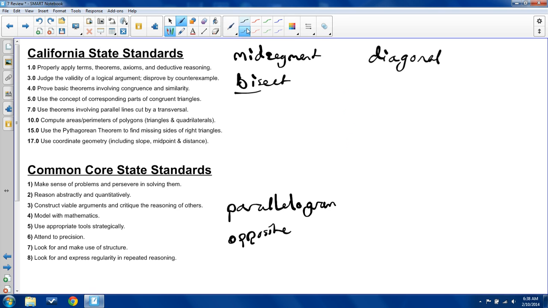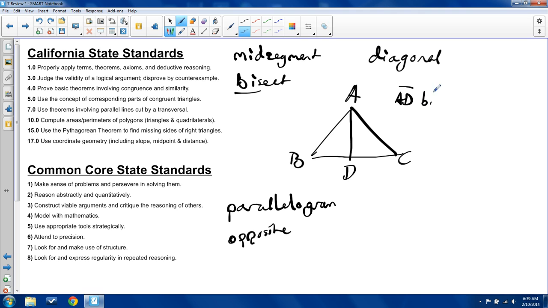And I'll stress the lettering of this right here. If I have this ABC right here, let's make it a triangle, and I draw AD. AD bisects angle BAC. If I said that AD bisects angle BAC, what that means is I have divided angle BAC into two congruent parts.